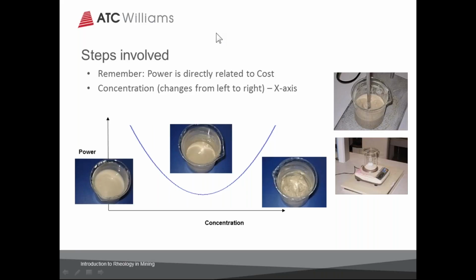Before we get into this, I just want to point out a few things about the relationship between concentration and pumping power. If we've got a given solids throughput and we have a low concentration, the power requirements are going to be quite high because we're pumping a lot of water along with the solids.